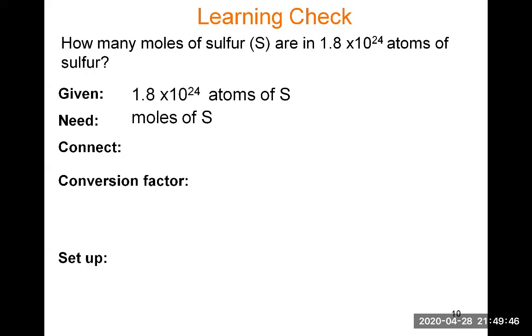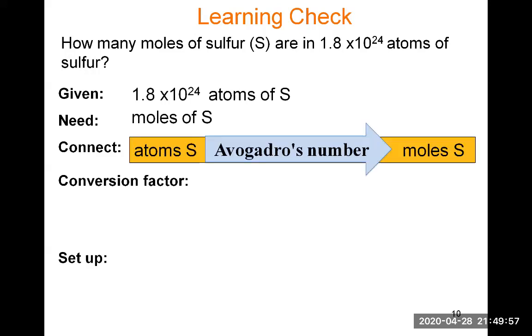So moles of sulfur. Again, between moles and atoms, you connect by using the Avogadro number or the definition of the mole. And here it's actually showing you the roadmap. The roadmap shows that we start with atoms of sulfur, and we will use the Avogadro number or the definition of the mole to find the moles of sulfur.